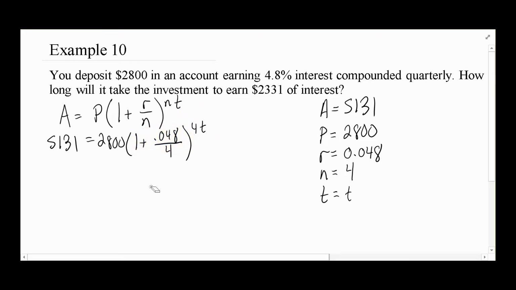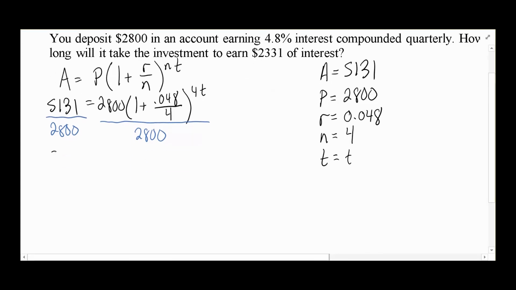That means we want to get that by itself. So what we don't like is the 2,800. We need to get rid of the 2,800. Just like the last problem, that means we're going to divide by it, because it was 2,800 times parentheses.